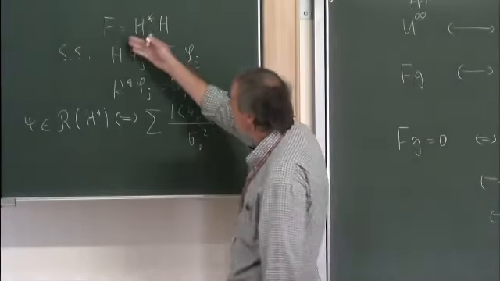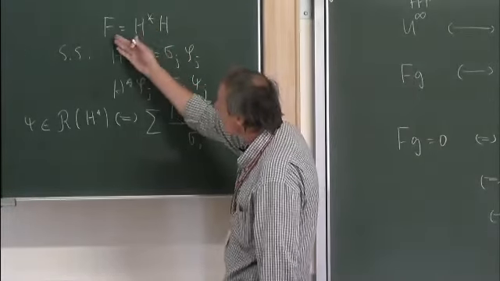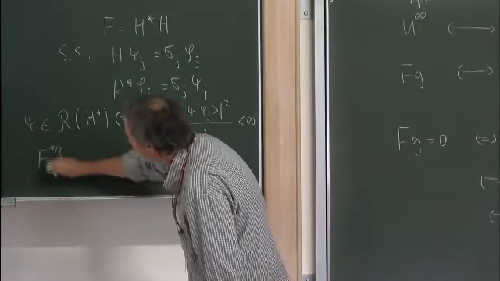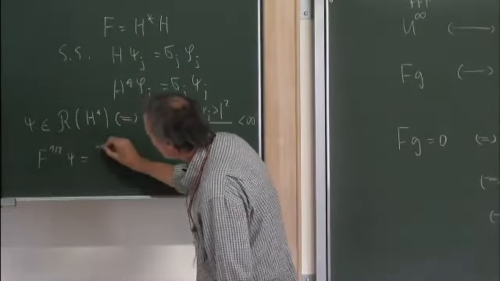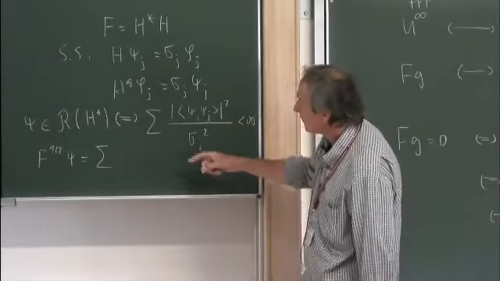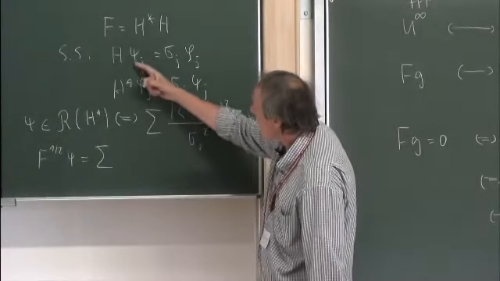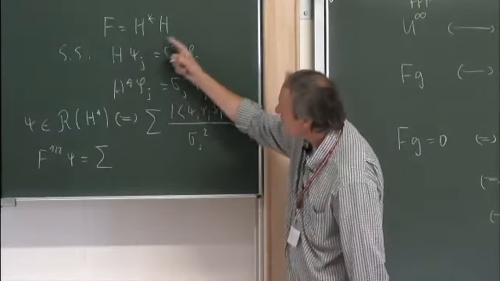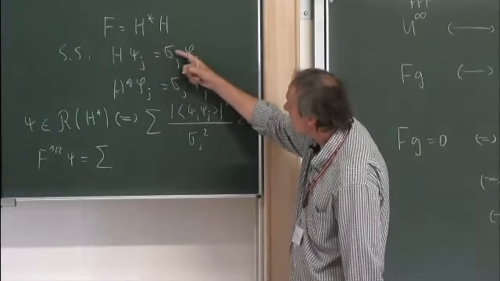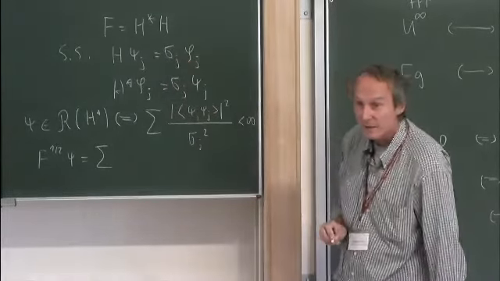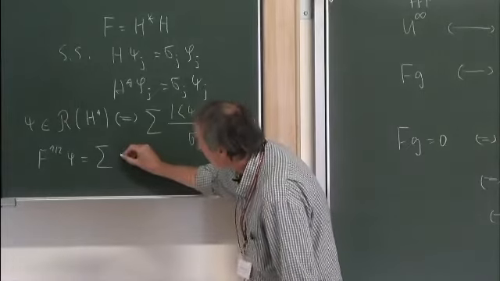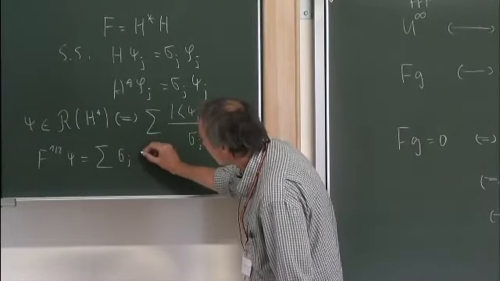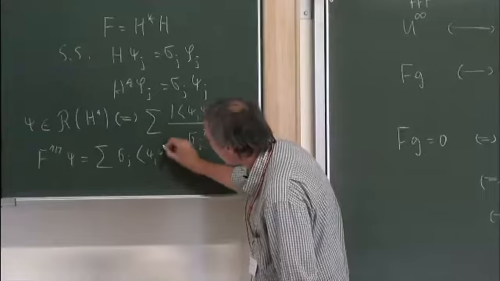And if you look at F^(1/2) psi, what would that be? If you substitute this, you see that sigma squared are the eigenvalues of F. So F^(1/2) would be sigma times the coefficients.